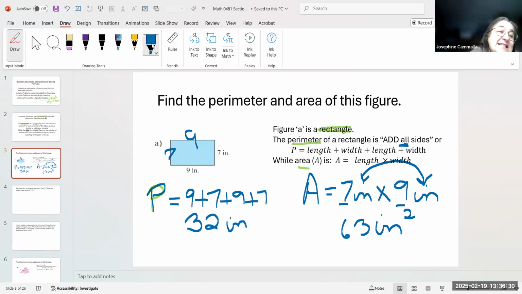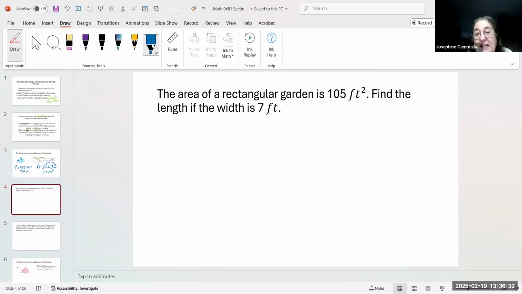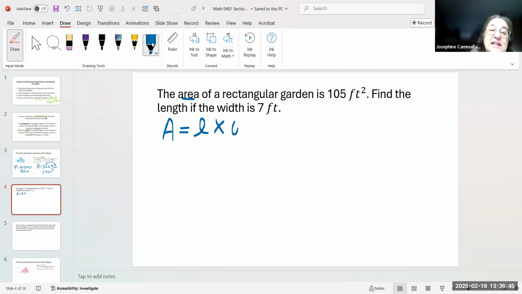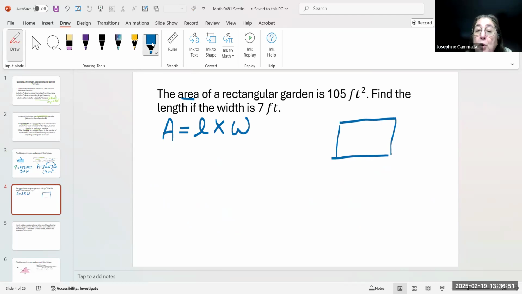Well, this is what you're going to see. Okay, area of a rectangular garden. Well, right away, notice and remember that the formula is length times width. And a picture of my garden would be length times width.